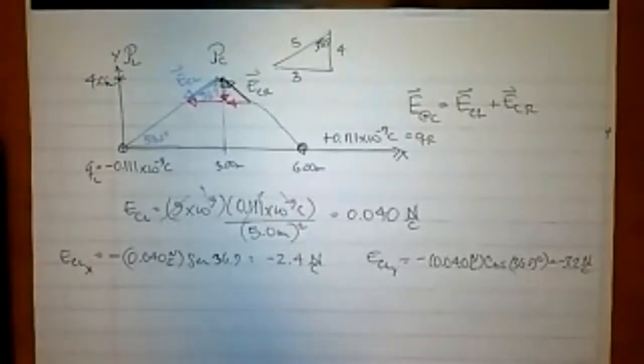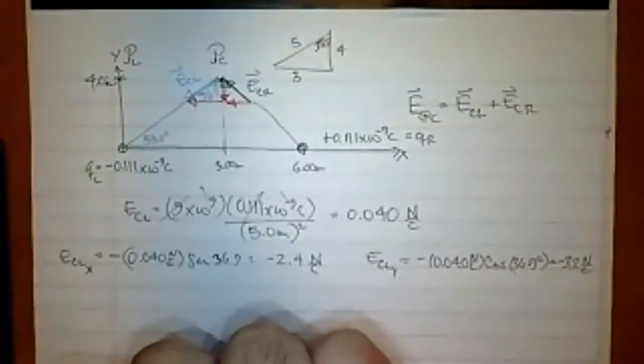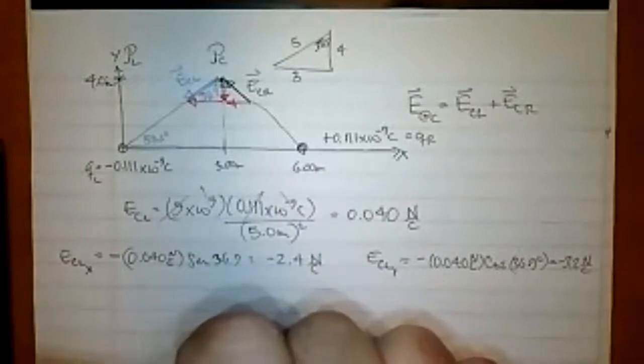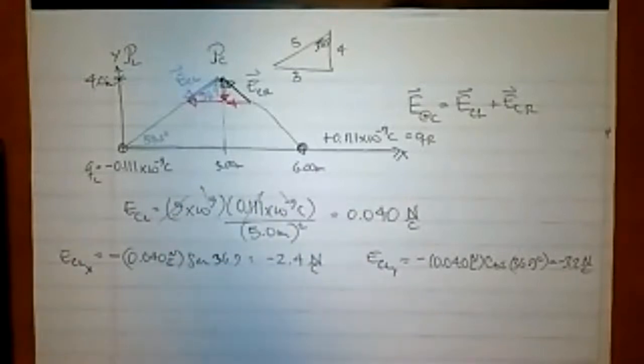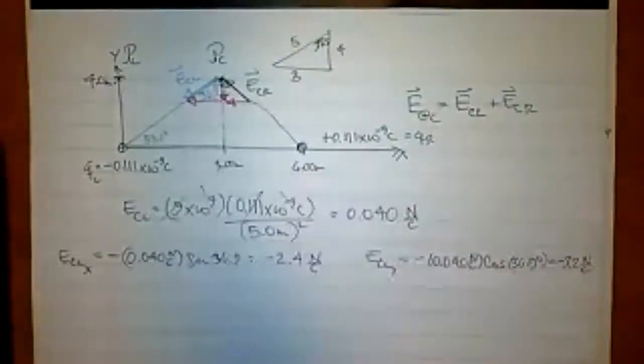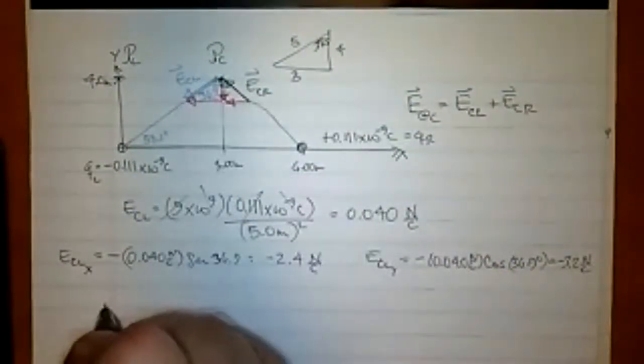Like I said, I never use my trig angles, nor do I use any signs in my Coulomb law equations to figure out my signs. I do it all using the mechanics or the physics of it. So here we go.